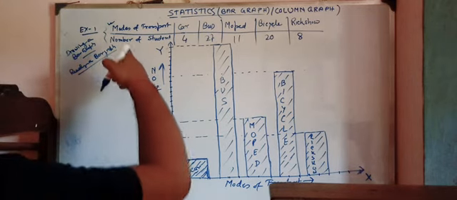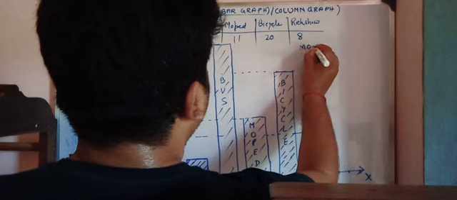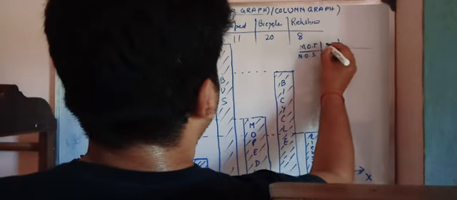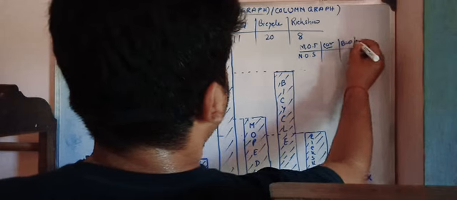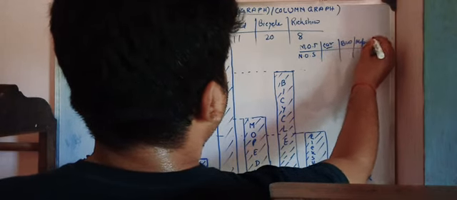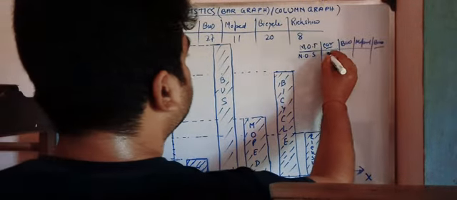So we can write the table: modes of transport and number of students. First is car, next is bus, next is moped, next is bicycle, next rickshaw. So my car is 4.